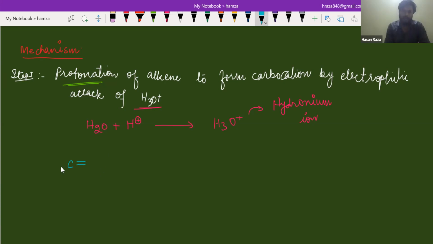See, this is your alkene. And if you have H3O positive, that means this, you can see. And can anyone tell me, is positive charge on oxygen less stable or more stable? Positive charge on oxygen, less stable or more stable?